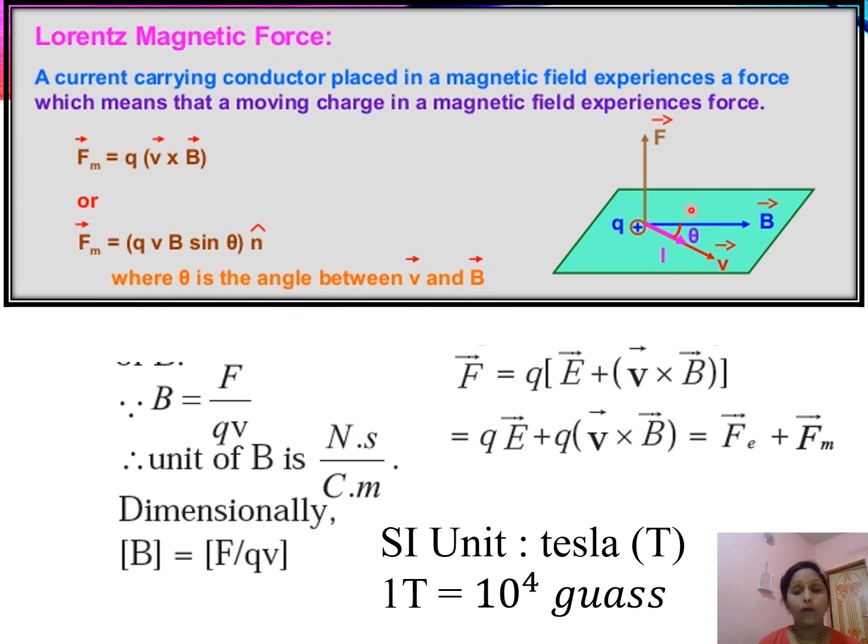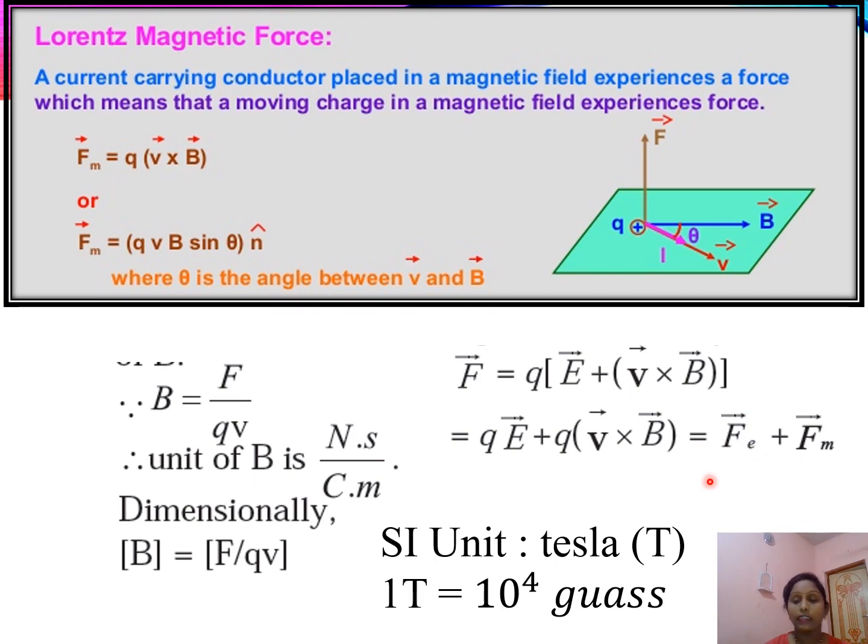If both electric and magnetic fields are present, then the force will be F is equal to q into (E plus v cross B). This equation can also be written as qE plus q into v cross B. It is also equal to F_e plus F_m. F_e is the force on the charge due to the electric field. F_m is the force on the charge due to the magnetic field.